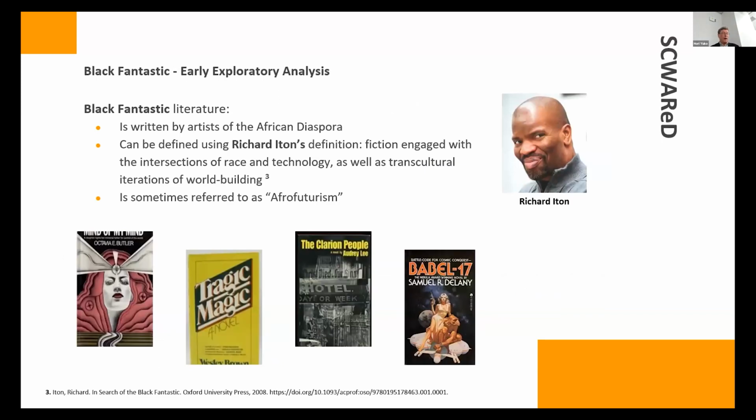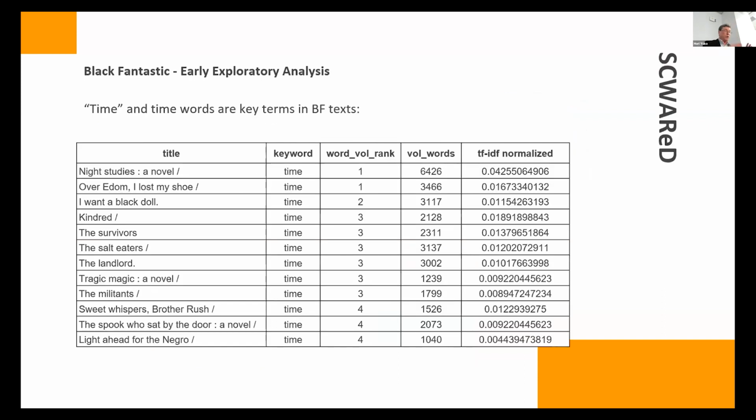So we worked with a group of scholars that are studying Black science fiction, and it's called The Black Fantastic. It's really, really kind of cool. These are books I never knew existed. And so they're trying to do the classic kinds of analysis that we do in digital humanities. Another term for this literature is Afrofuturism. So we need to find ways on whether we actually have it or don't have it.